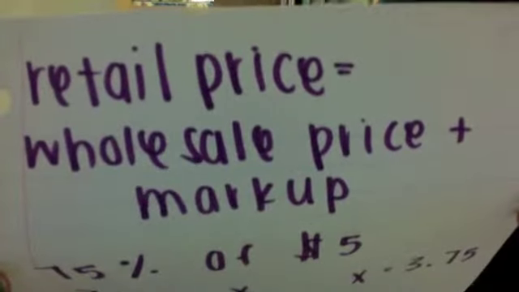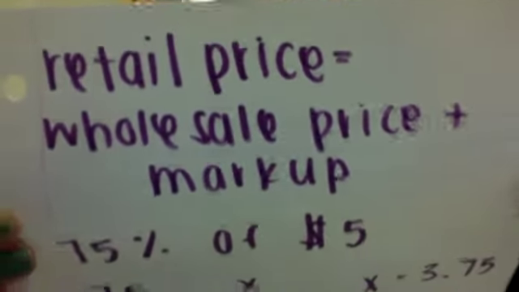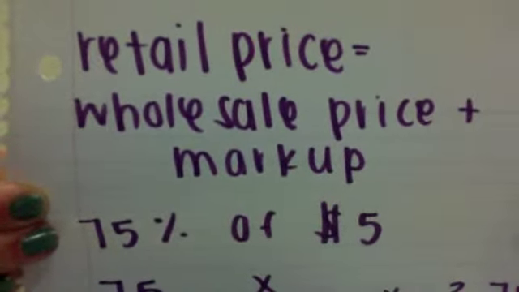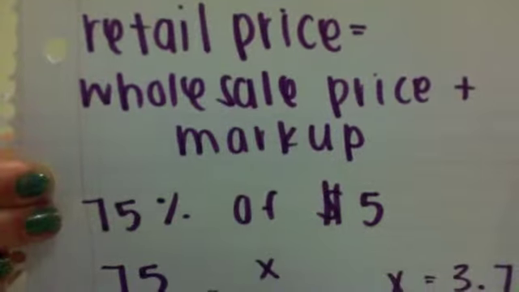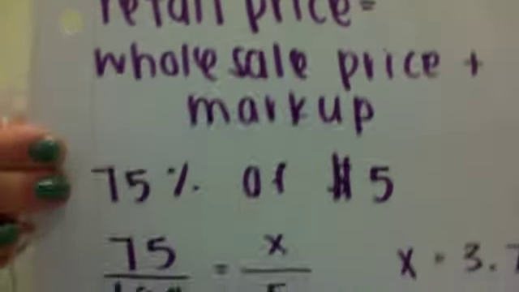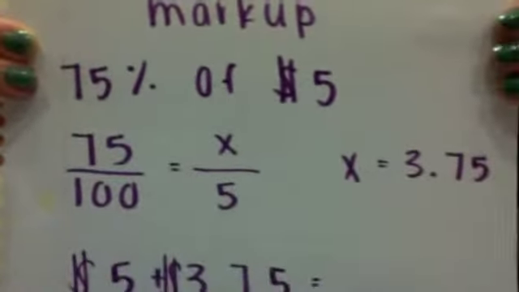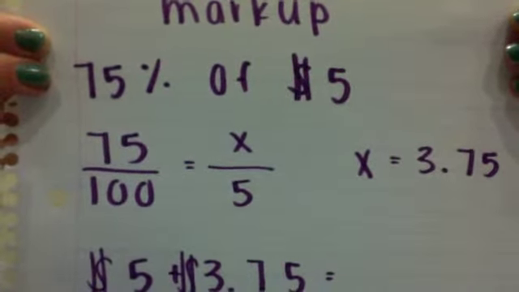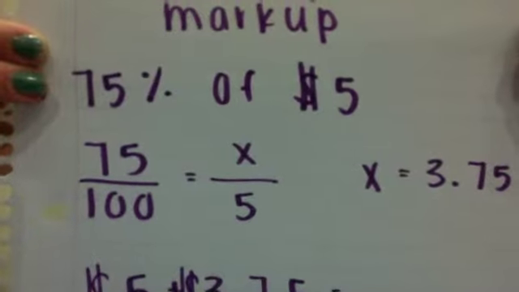A baseball cap has a wholesale price of $5. The percent markup is 75%. What is the retail price of the cap? First, find the amount of the markup. The markup is 75% of $5, so write the ratio 75 over 100 equals x over 5.